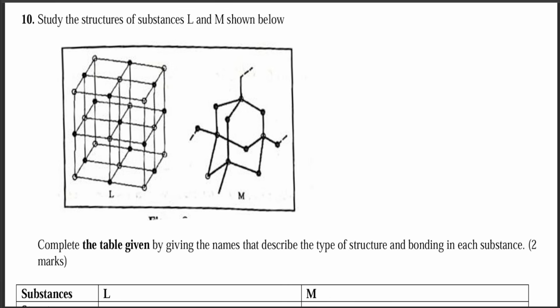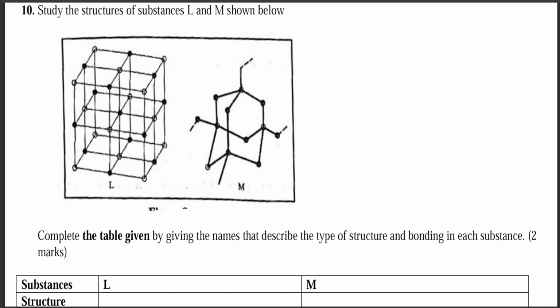Study the structures of substances L and M shown below. Complete the table by giving the names that describe the type of structure and bonding in each substance. Now this one is sodium chloride, and this structure is a giant ionic structure. When I see a cuboid I know it is sodium chloride, which is a giant ionic structure.